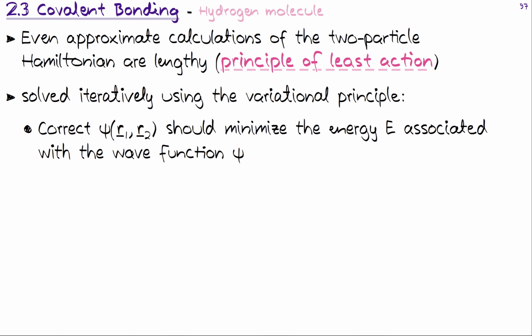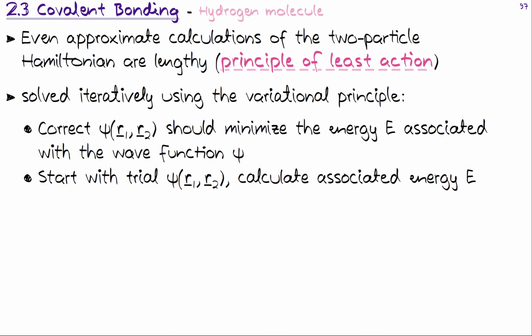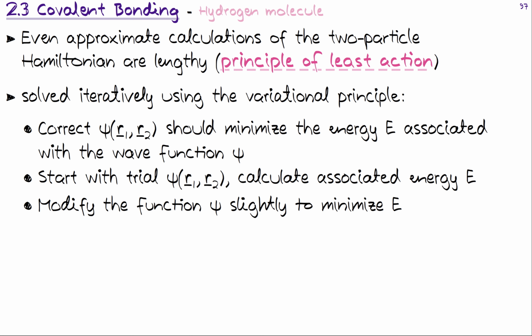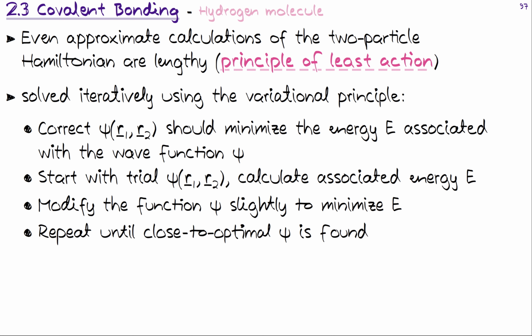How do we find this minimum? We start with some trial wave function, we calculate the associated energy states, and then we modify the function slightly so that we get a smaller energy state. Then we repeat the process until we find a close to optimal psi, the wave function, and subsequently the energy states.